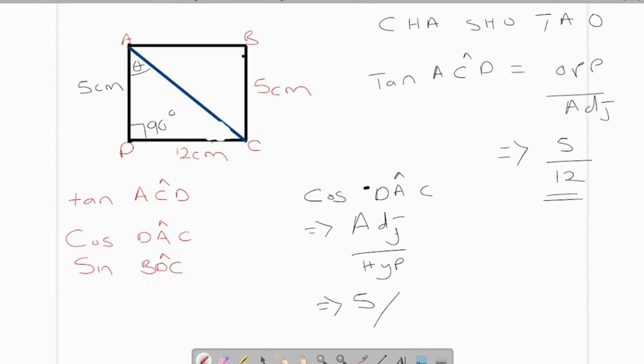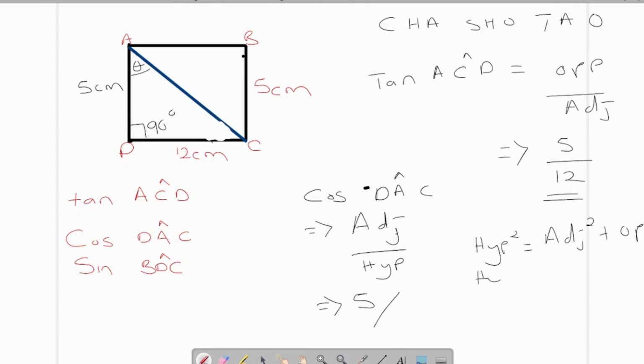We don't have the hypotenuse here, so we have to find it. Like I said, to find the missing sides on a right angle triangle, you use the Pythagoras theorem, which goes by the formula hypotenuse squared equals opposite squared plus adjacent squared.